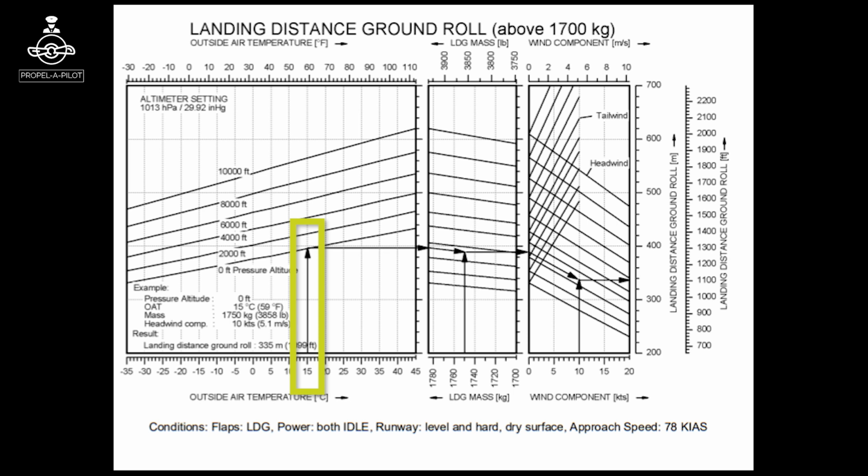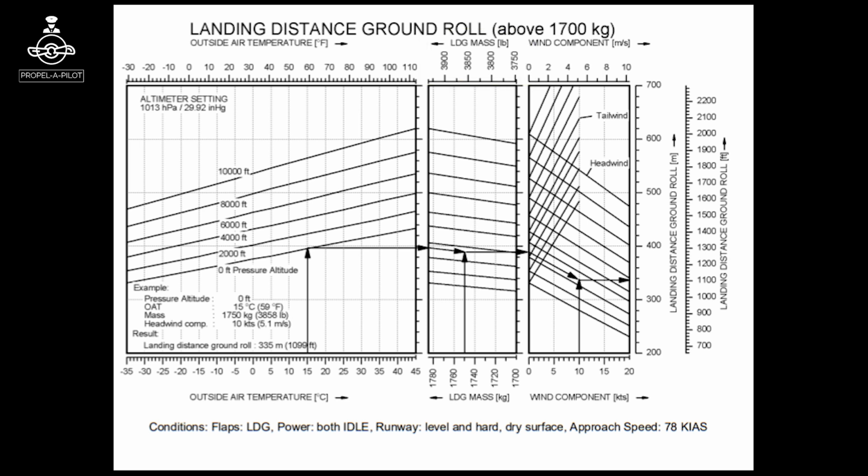Elongate the line until it meets your pressure altitude, that is 0 feet. Once it hits 0 feet, get that intersection point and draw a line horizontally towards your right and head over to the next box.